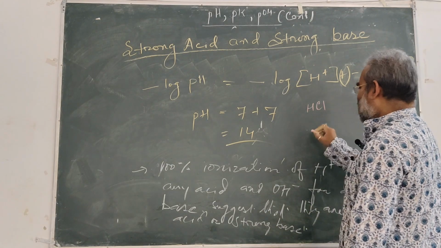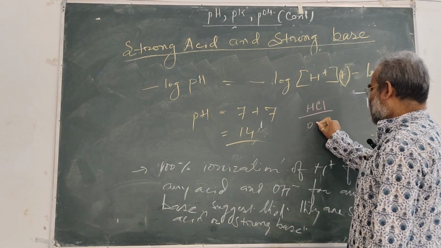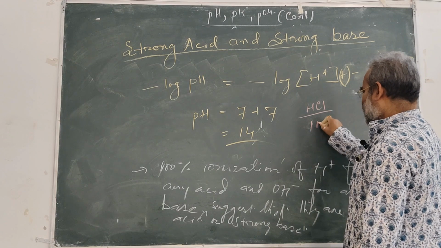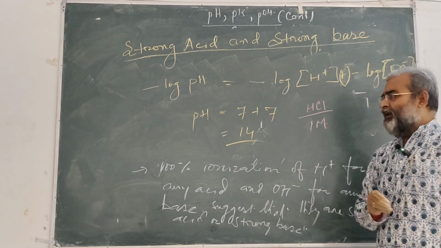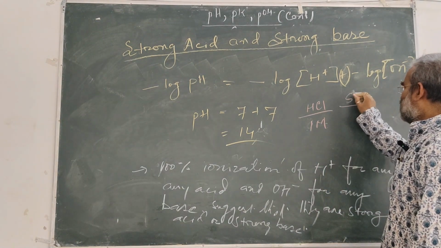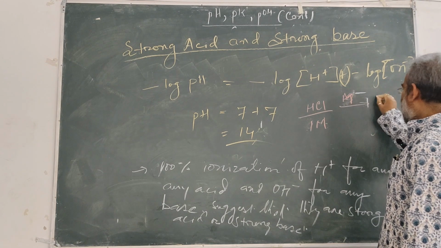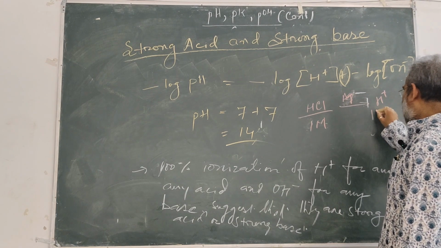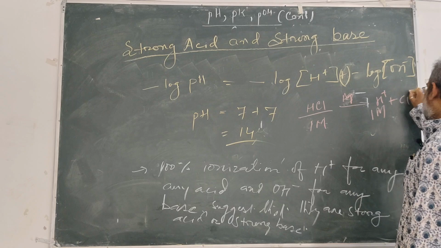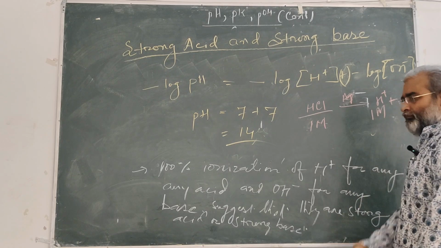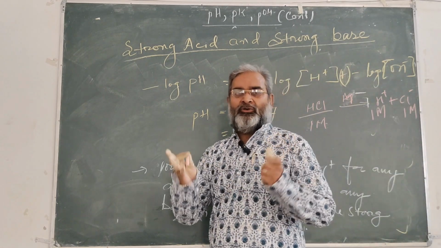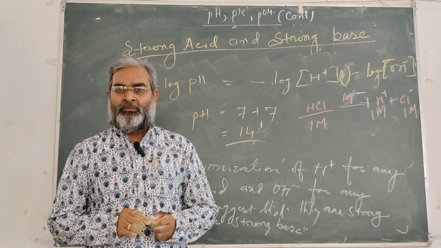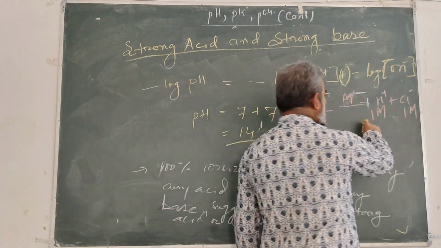Suppose HCl is 1 m, and if present in the aqueous solution, then H plus equals 1 m plus Cl minus equals 1 m. That equal value is released in the water. It represents that it is a strong acid.